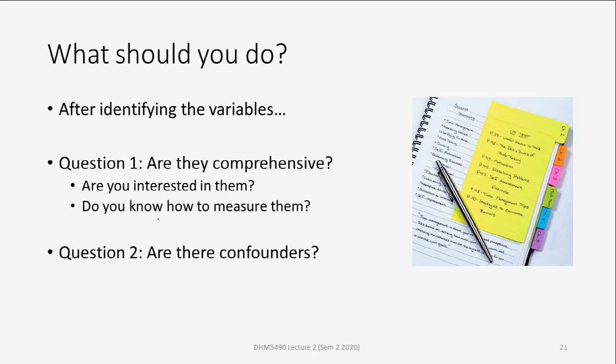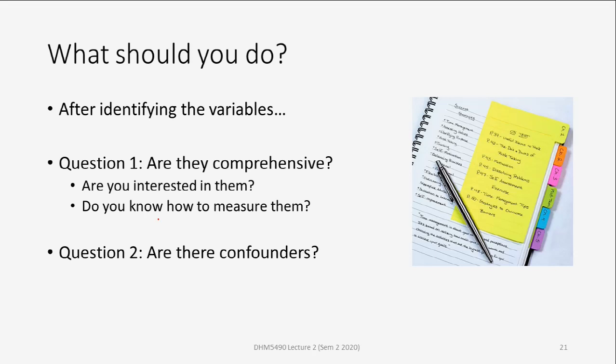And also, you have to ask yourself, do you know how to measure those independence variables and dependence variables? Because if you know how to measure them, that would be very, very beneficial to your research. Why? Because you do not have to study over about the methods of the measurements of the variables. And then you have to ask yourself, are there confounders?